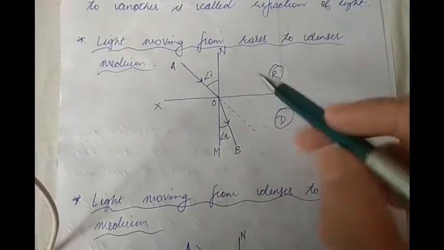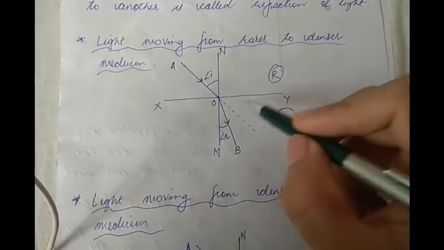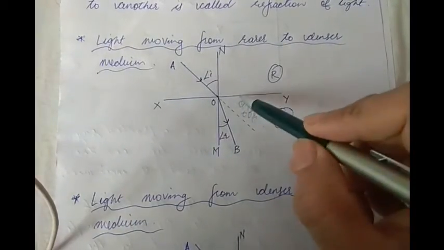To add to that, since the denser medium offers more resistance, this ray of light wants to get out of the denser medium as soon as possible. The denser medium is like a very overcrowded corridor. You have to pass through this overcrowded corridor, and of course you would like to get out of it as soon as possible, quickly.